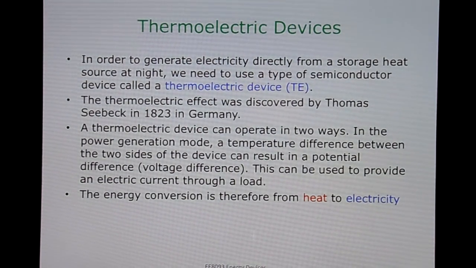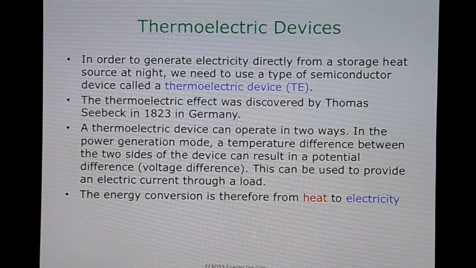Now, in order to generate electricity directly from a storage heat source at night time, we will need to use a type of semiconductor device called a thermoelectric device, or TE device.